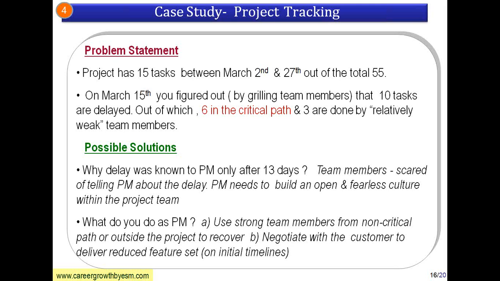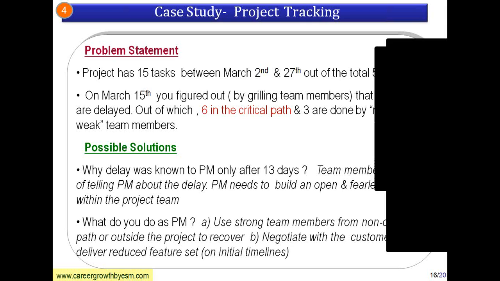So how do you handle it? First we have to ask ourselves why the delay was known to the project manager only after 13 days. It started on March 2nd, but only on March 15th the PM came to know about the delay. If there is too much pressure, it is better to have a scrum meeting or stand-up meeting where you can simply ask the status every day.